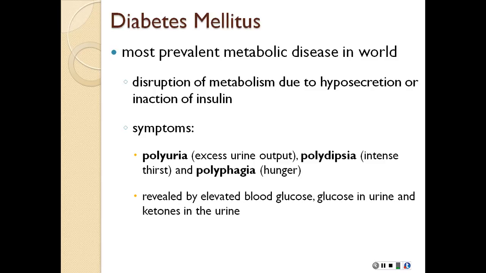It's revealed by elevated blood glucose, glucose in the urine, and also ketones in the urine if it gets to a severe case. Glucose is not supposed to be found in the urine, so that's one telltale sign that there must be too much glucose in the blood if it's leaving through urine.